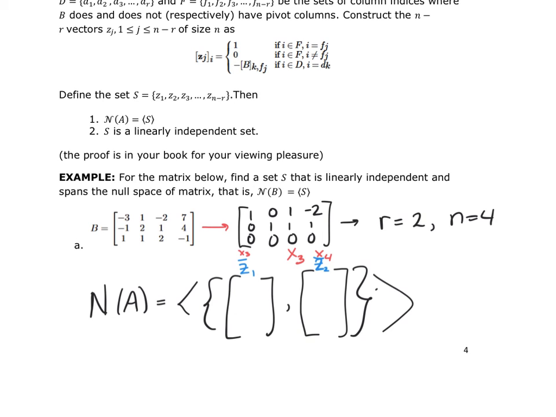In my first position, in both vectors, it will be the coefficient on the x sub 3, which in this case is negative 1 and then positive 2. My second position in my vectors will be the coefficients in reference to the x sub 2, so that'll be negative 1 and negative 1. My x sub 3 is a free variable, so that's going to be 1 here and 0 here. My x sub 4 is a free variable, so that's 0, 1 in here.